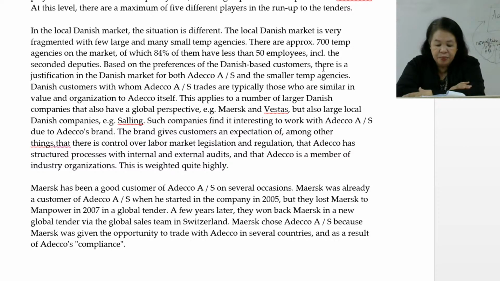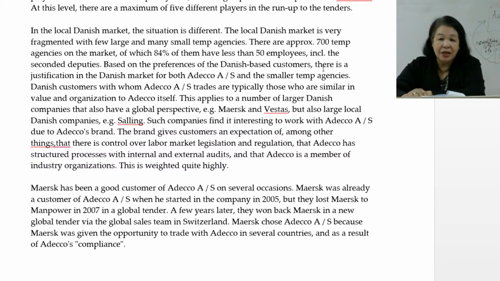Including the secondary deputies. Based on the preferences of the Danish-based customers, there is a justification in the Danish market for both Adecco AS and the smaller temp agencies, no? So Danish customers with whom Adecco AS trades are typically those who are similar in value and organization to Adecco itself. Yung mahal yung serbisyo pero quality, no?